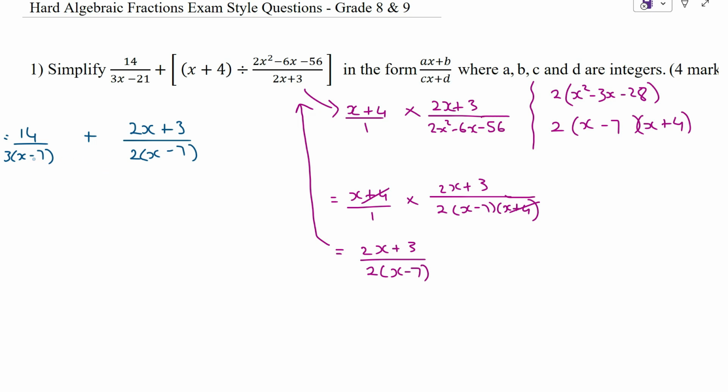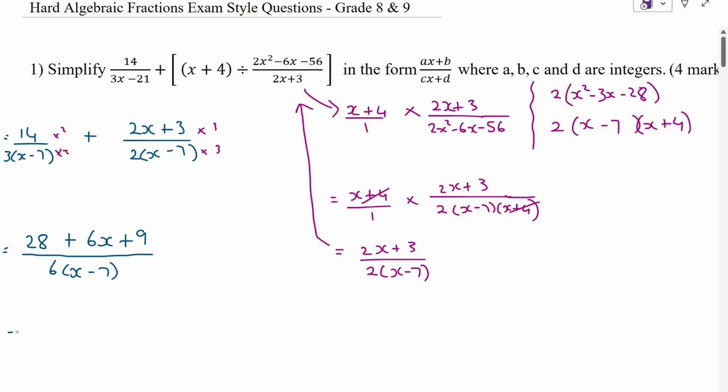A common multiple of 3 and 2 is 6. So if we multiply this by 2 to get 6, and we multiply this fraction by 3 to get 6, that will leave us with 28 plus 6x plus 9 over 6 times x minus 7.